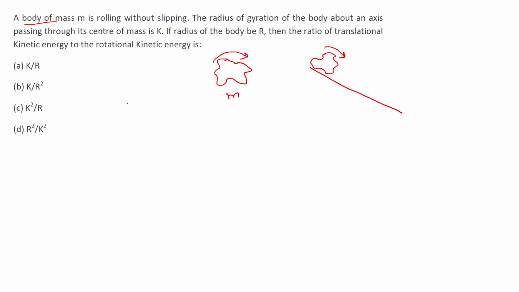So we know that kinetic energy, I am denoting with KE, translational energy, is given by half mv square, and rotational kinetic energy is given by half I omega square.